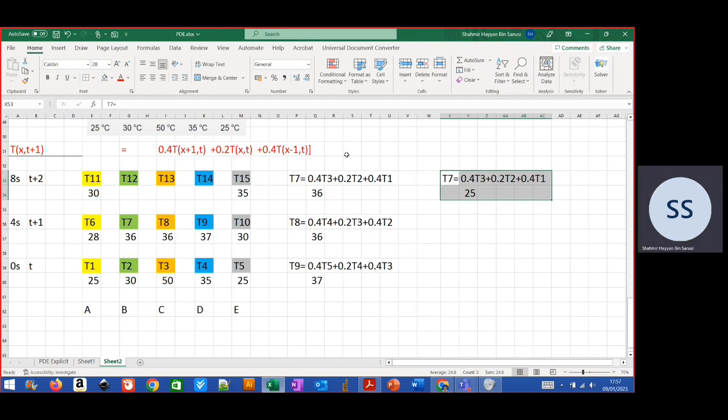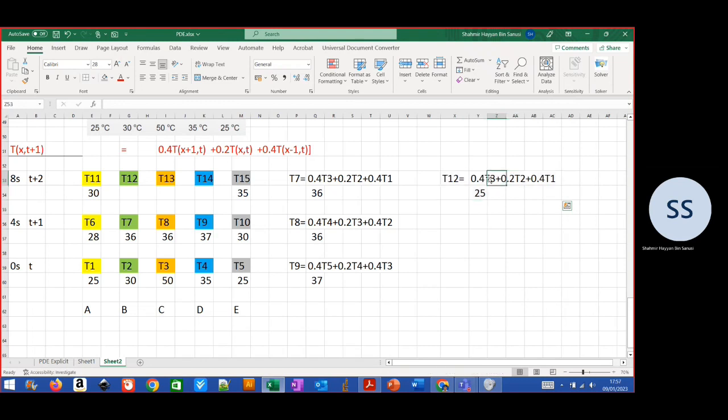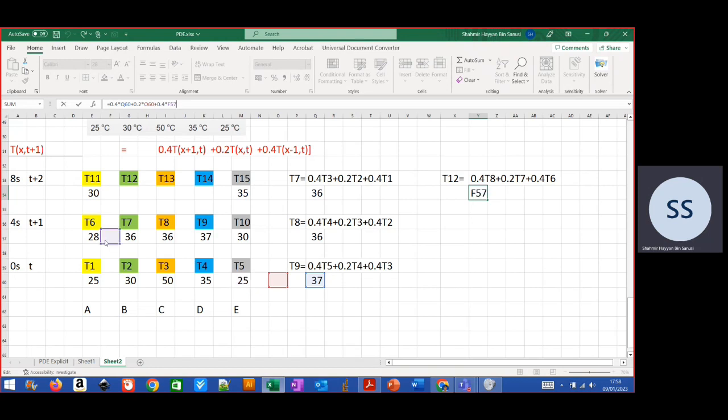So for T12, 0.4 T8, T7, and T6, using these values, the answer is 33.